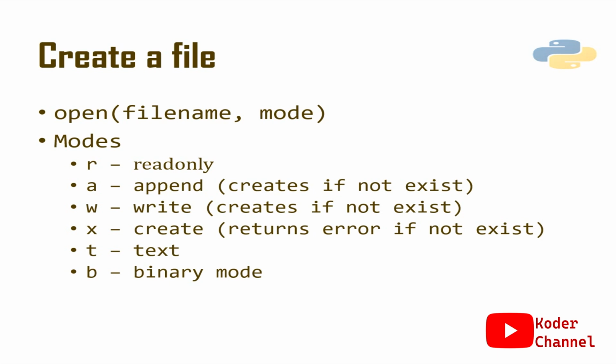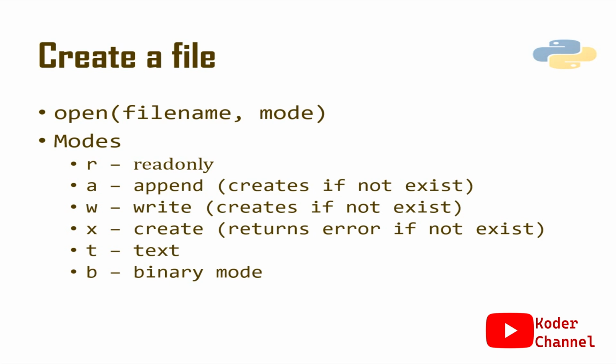That's the difference. Sorry, I made a mistake there. Text, you say T, and binary mode you say B. Binary mode is for objects like pictures and all that. Text is what you commonly use, so by default it is always text.